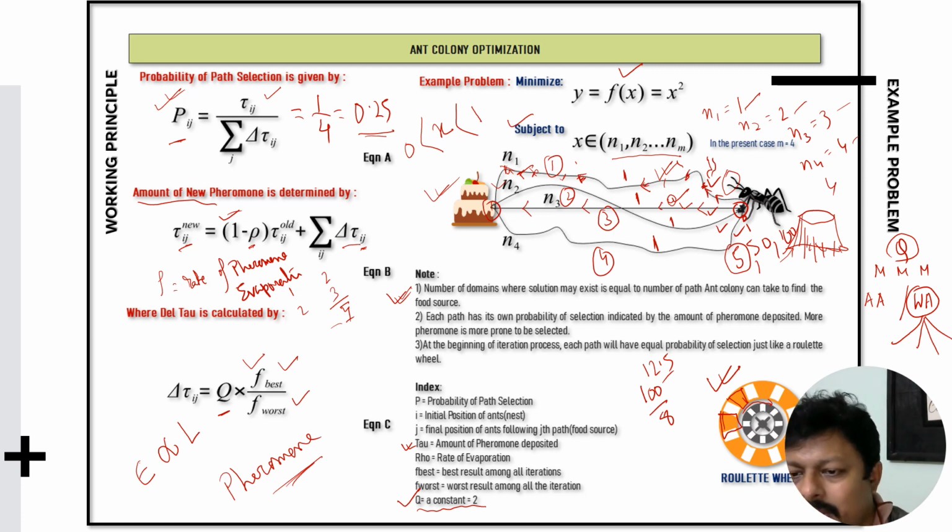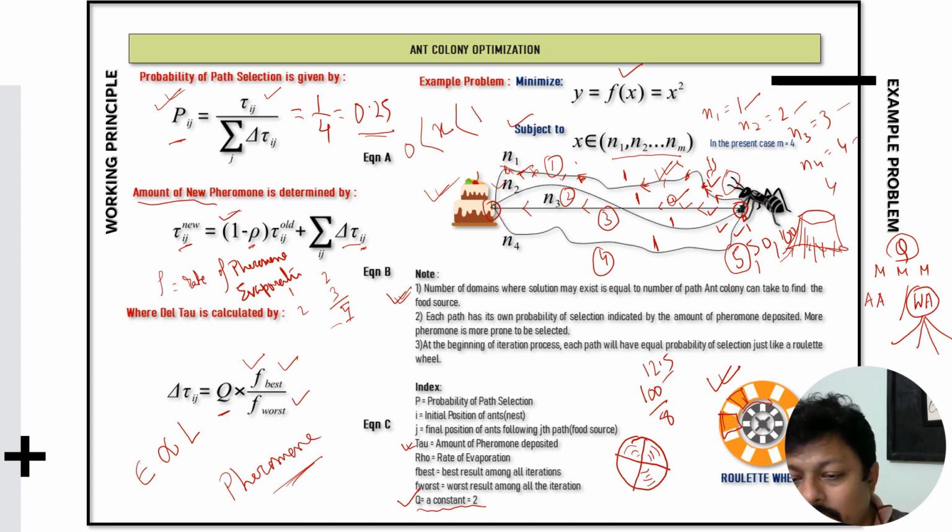Okay, so that is for the roulette wheel. But in the case of ant colony, what happens? At the initial iteration, it is equally divided. The roulette wheel is divided into 4 different paths, since there are 4 paths, and your probability is equal.